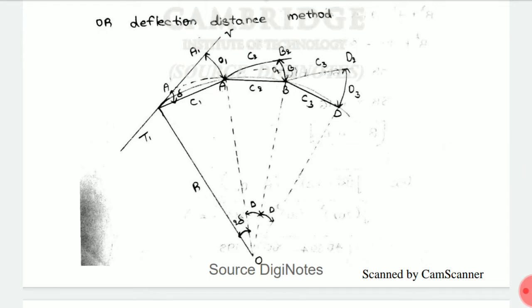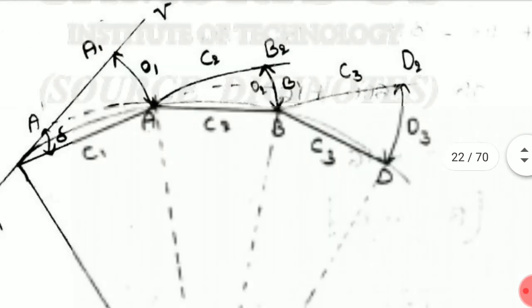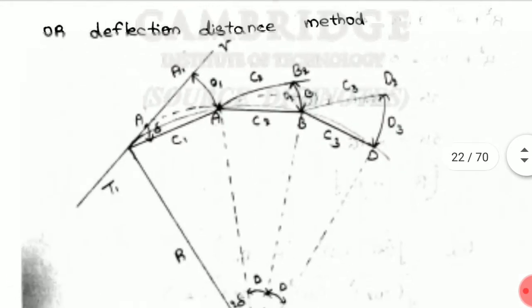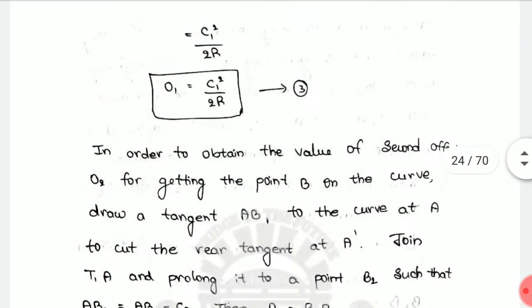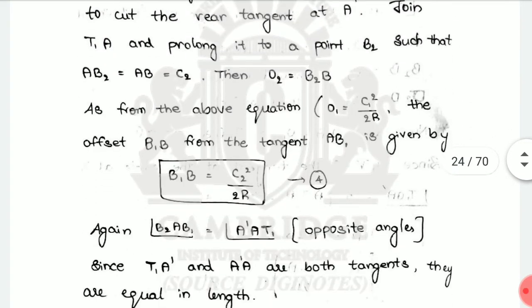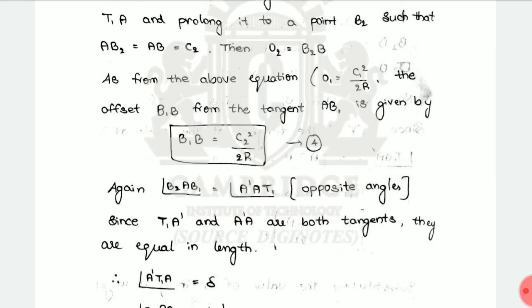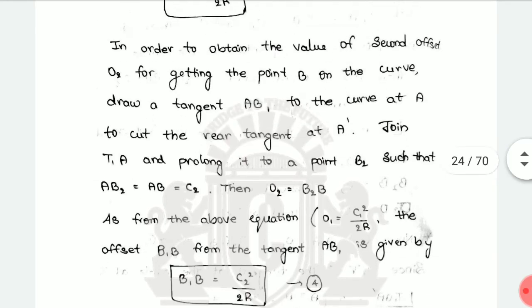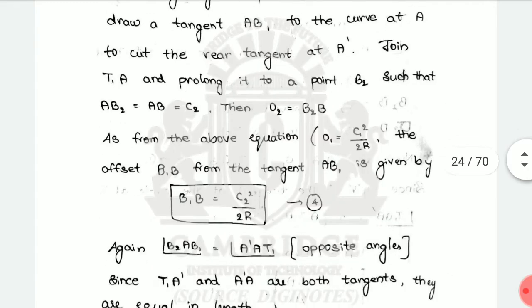From the second subchord I need to calculate the second offset O2 to get the curve. B1B is small c2 square by 2R. As the first offset is c1 square by 2R, the second is c2 square by 2R, where those small c are the subchords.